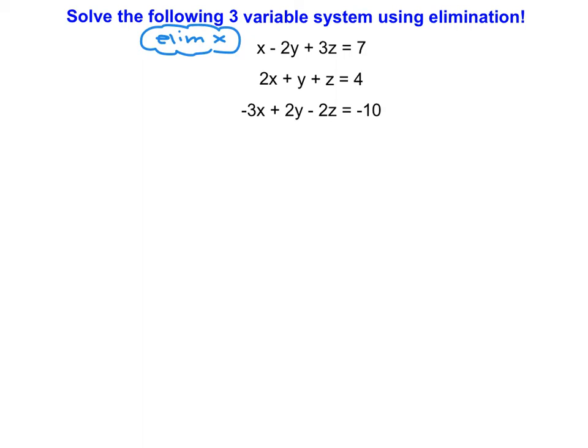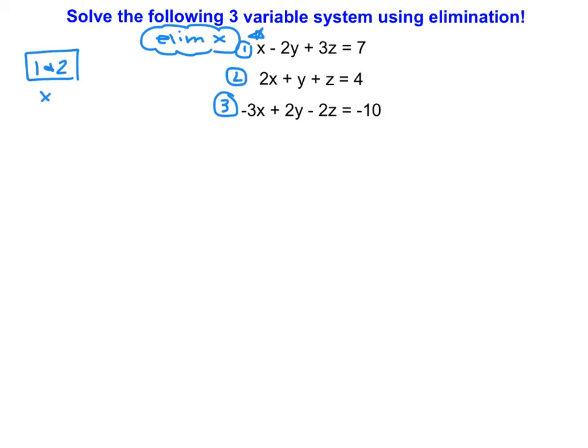So I'm going to choose to eliminate x first, and I notice that I have equations 1, 2, and 3, with equation 1 being the one where I have a single x. So what I'm going to do is pair equation 1 up with equation 2 and then equation 3. And in both sets, I'm going to eliminate x. So if we start over here with equations 1 and 2 paired up, remember I'm going to eliminate x here.